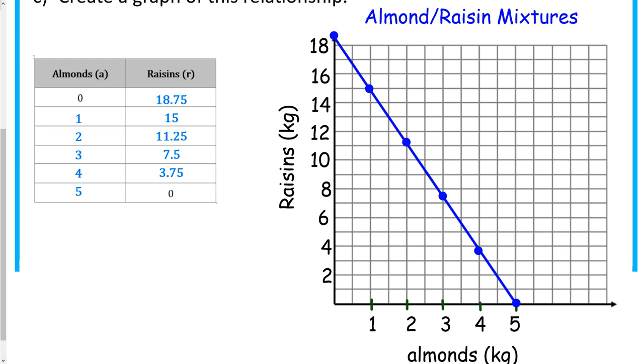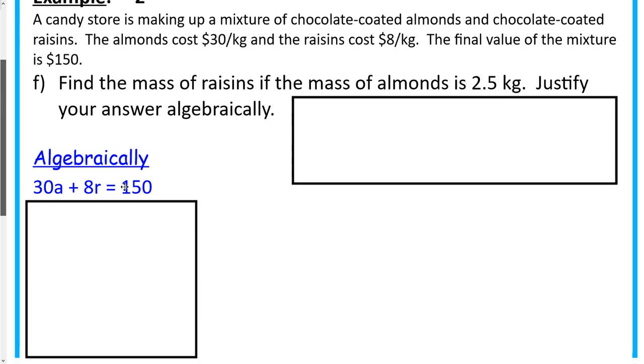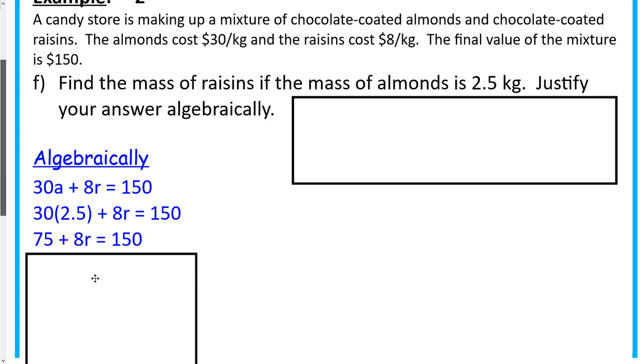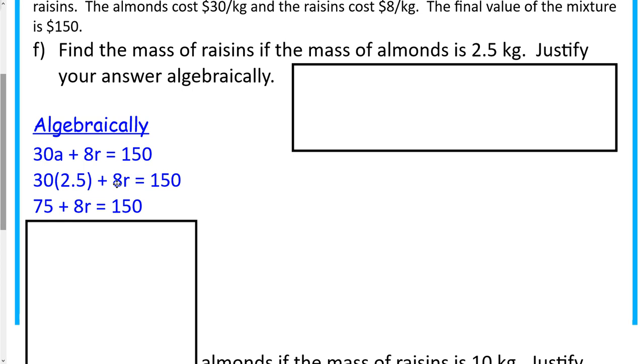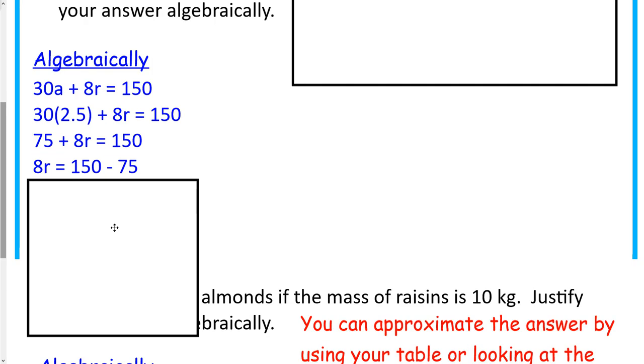But let's find the exact amount algebraically. Using the expression that we came up with, almonds is 2.5, so I'm going to replace my A with 2.5. Multiply those together, and that gives you 75. Bring the 75 to the other side, so 150 minus 75 is 75, and then divide both sides by 8.